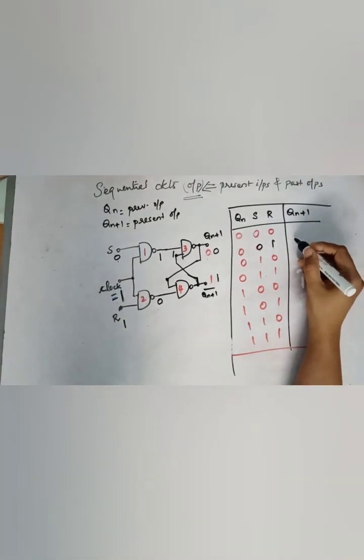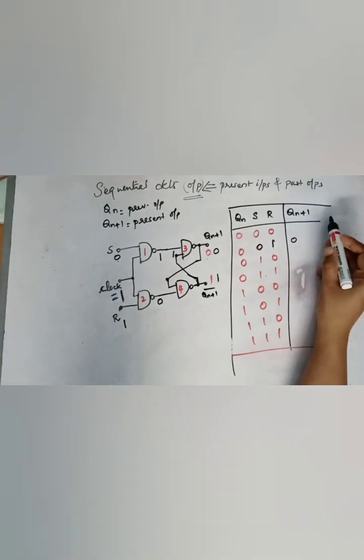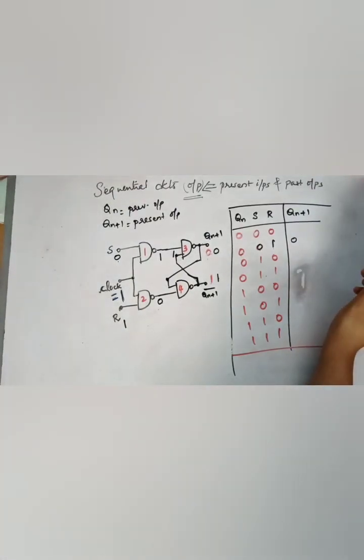So it is 0 itself. I am writing only Qn plus 1. I am not writing Qn plus 1 bar. Okay. So that is 0, 0, 1.